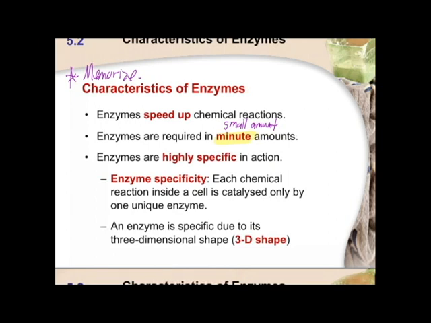You can save costs by reusing the enzymes in your reaction. The only money you have to spend is the substrate, and maybe the machinery and things like this. But the enzyme, because you can repeatedly use it for a longer period of time and in very small quantity, you can actually save a lot of money.